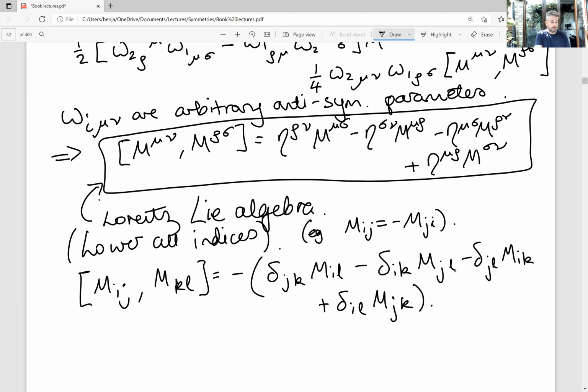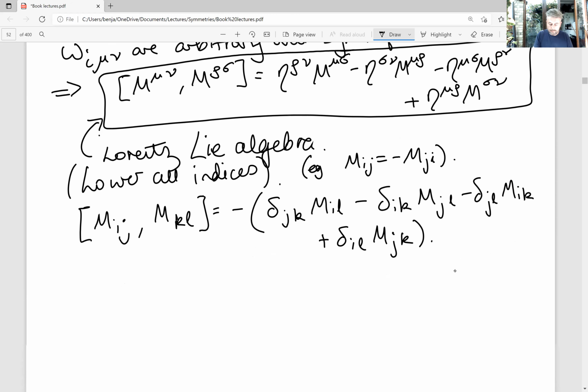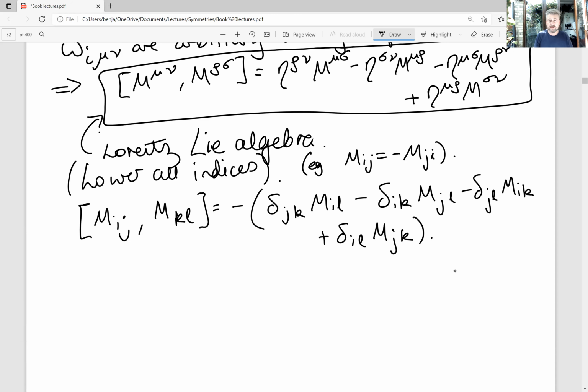All right, now I want to define another operator, which is a function of the M_ij's, and you'll see why I've called it J_m in a moment.